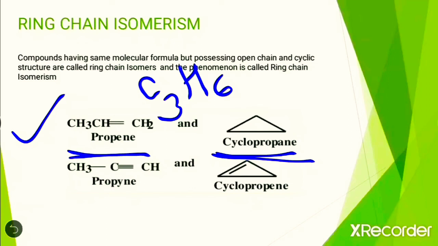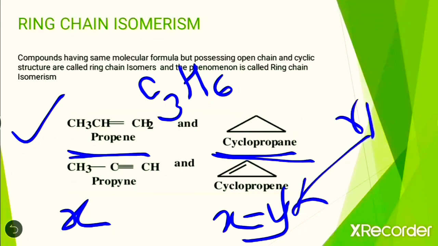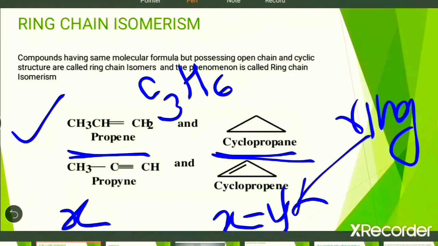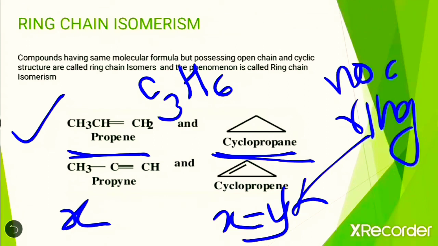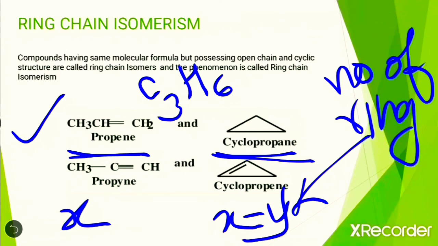Suppose in one of the examples the number of pi bonds is X in open chain, then in the cyclic compound it will be X minus Y, where Y is the number of rings. So we will see this in propyne and cyclopropene.